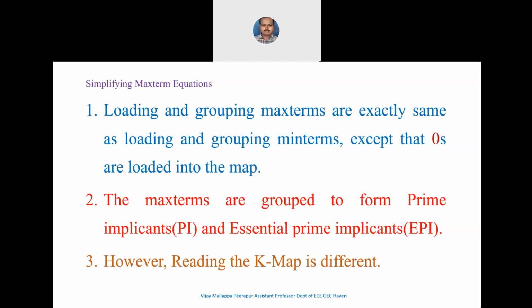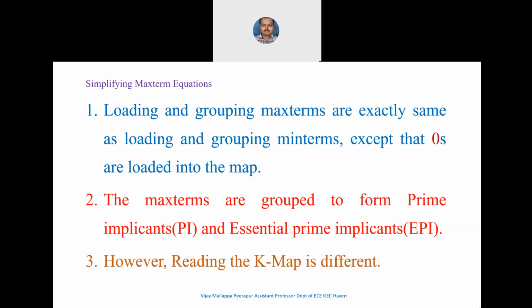We know the difference between min term and max term because a couple of classes before I explained how to write the min term and max term equations from the truth table for a given truth table. I've explained that. The reading for the min term we know, and the reading for the max term also we know, but I will re-emphasize it while simplifying the K-map for max term equations.